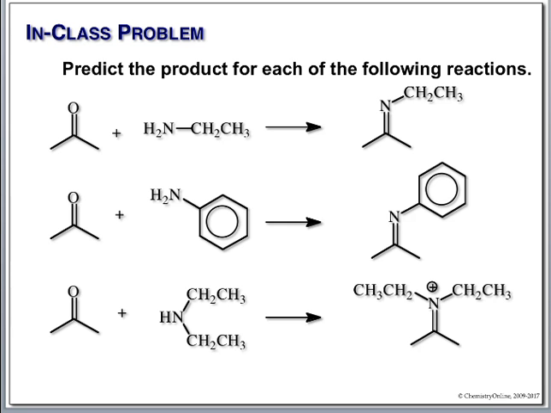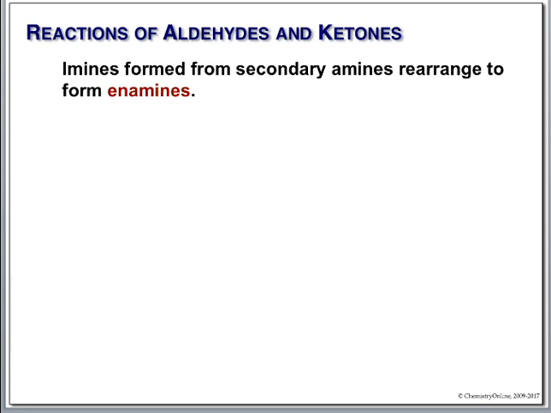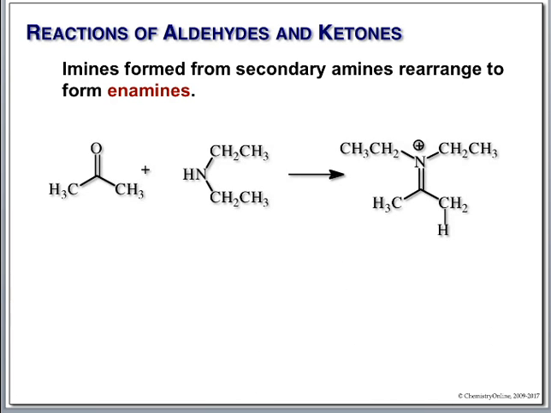Now this is a neat thing because later in this course, chapter 21, we're going to use this imine as a nucleophile. Basically, here's what's going to happen. If we take a ketone or aldehyde, react it with a secondary amine, we make an iminium cation.